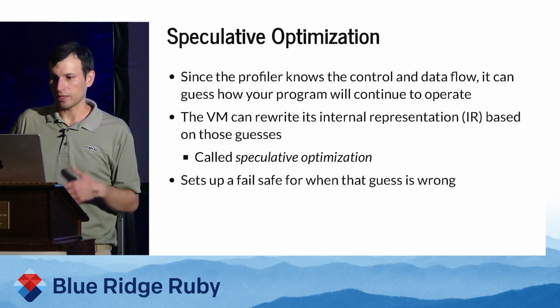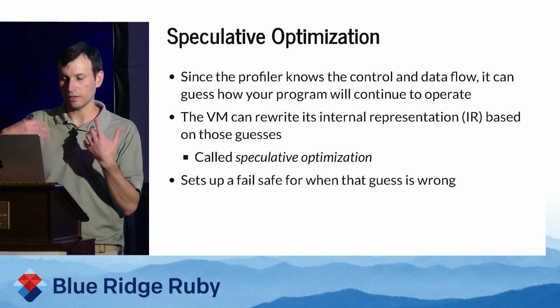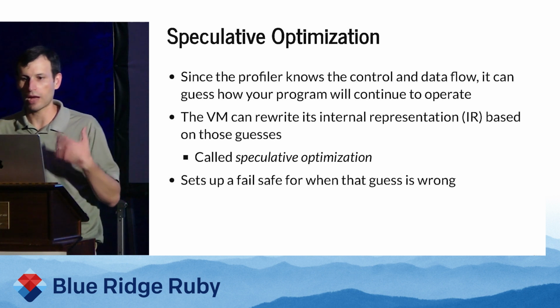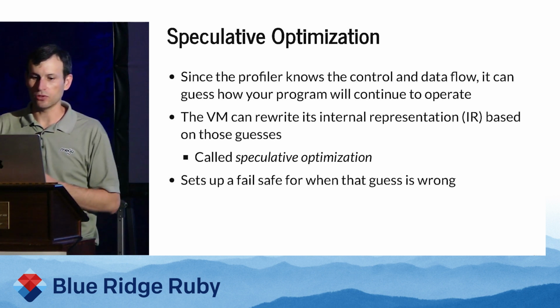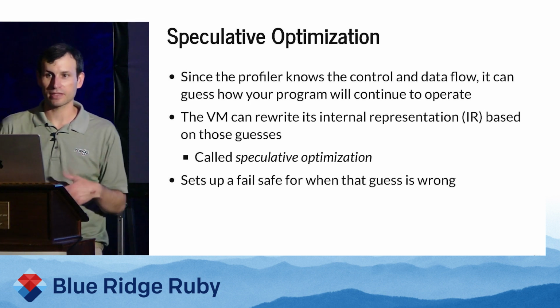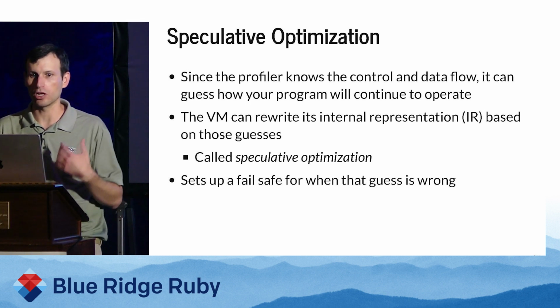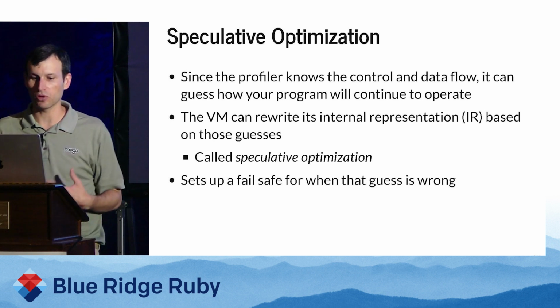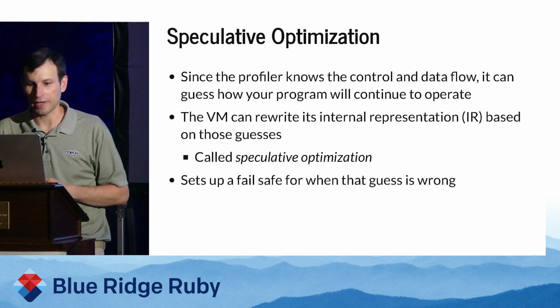But the JIT compiler, with its profiler, has been measuring how your actual application uses it. So it can do speculative optimization. It can speculate or guess that you will continue to run code in a consistent manner, that you've approached something called a steady state.